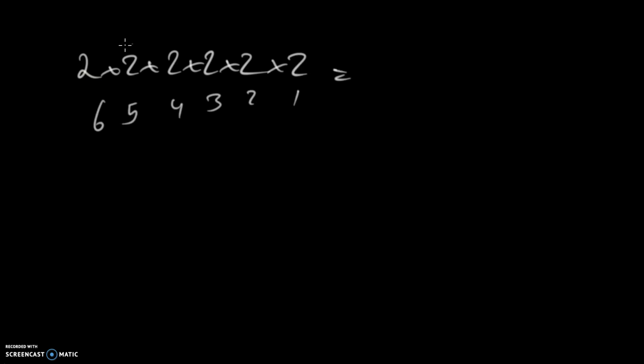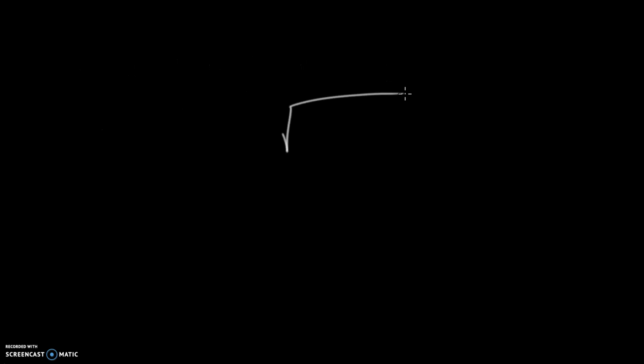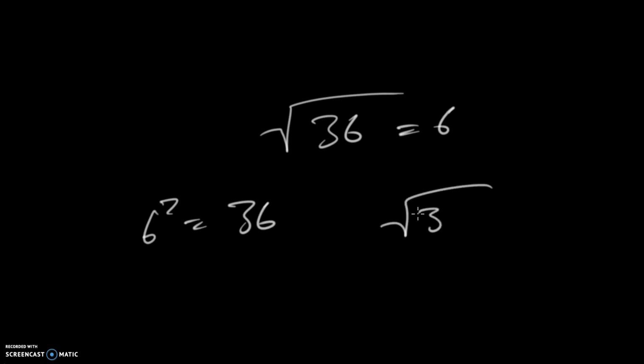So instead of writing all of this again and again, you can just write 2 to the power of 6. That's easy. So that's what powers are. And roots are the opposite of powers, where you just square root them. So the square root of 36 would be 6, because 6 squared is 36.